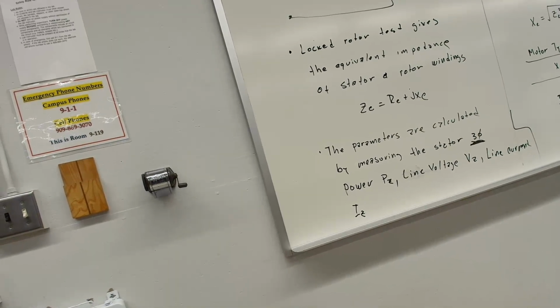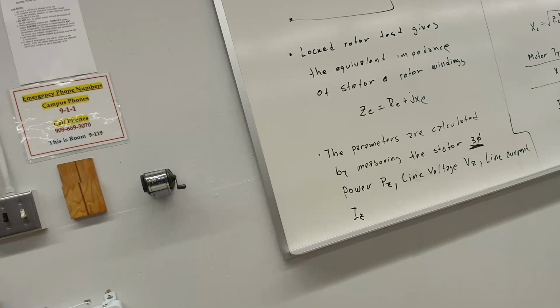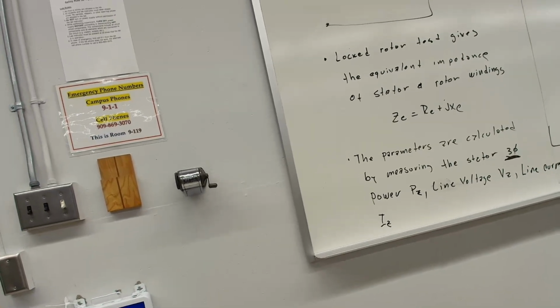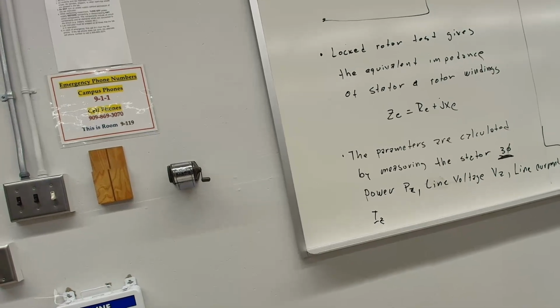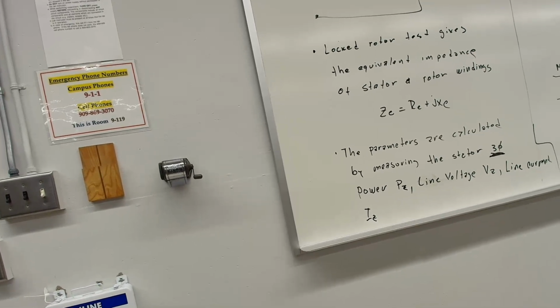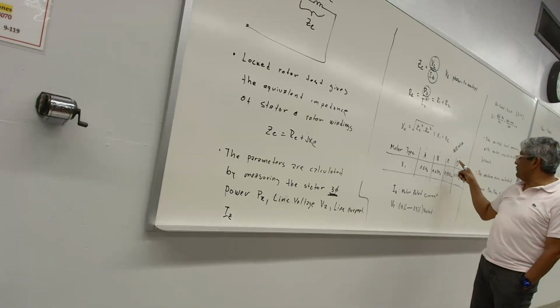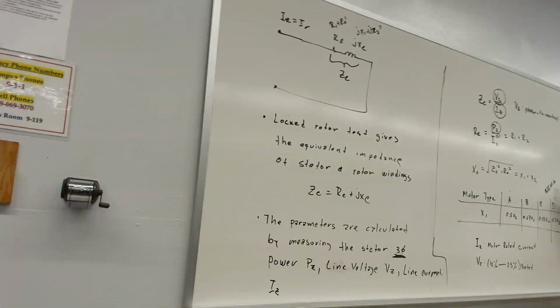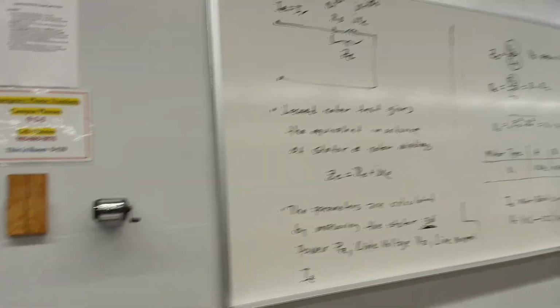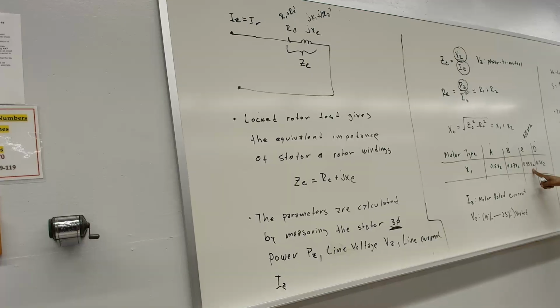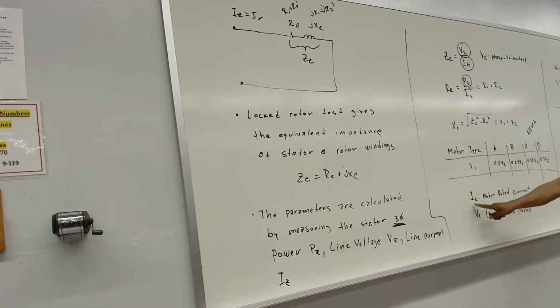So what it tells you is if you know X2, you can compute X1 by using these equations. If you have a motor type C, as defined by NEMA, X1 is equal to 0.43 of X2, okay?